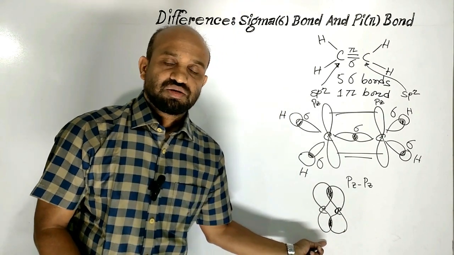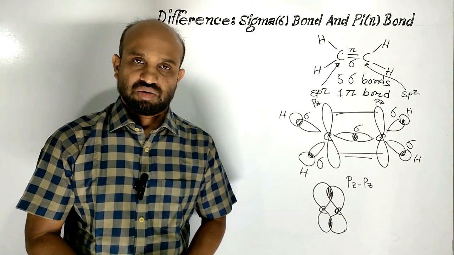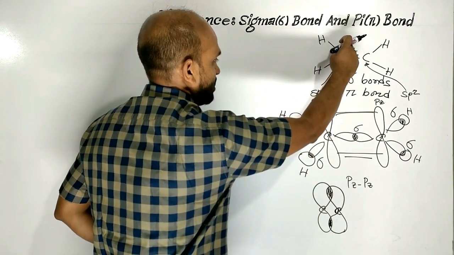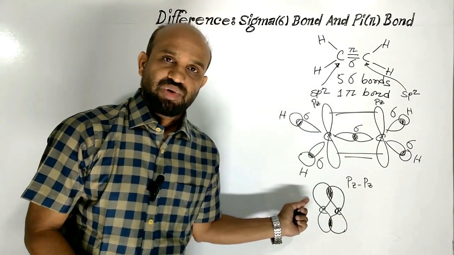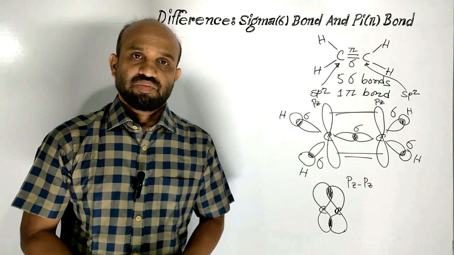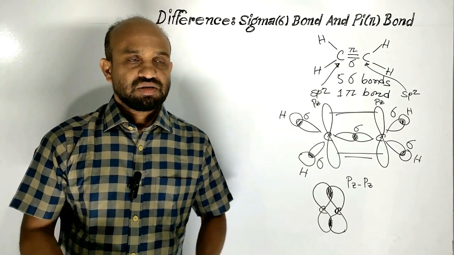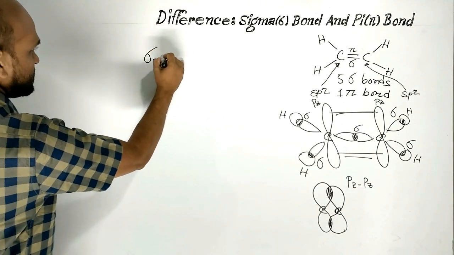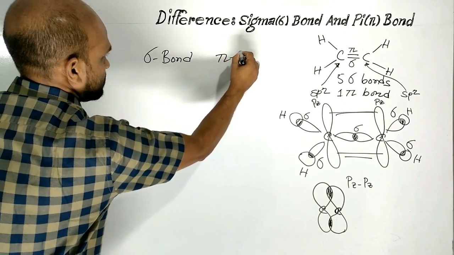Through sidewise overlap between unhybridized orbitals, the pi bond is formed. So here, one pi bond and one sigma bond. This is the complete orbital structure of ethene, in which sigma bonds and a pi bond are present. Let us see some differences between sigma bond and pi bond.